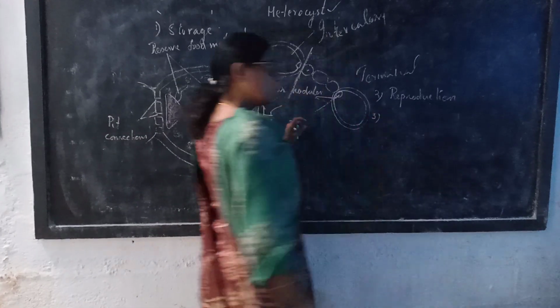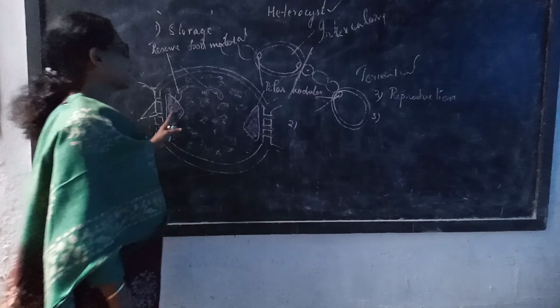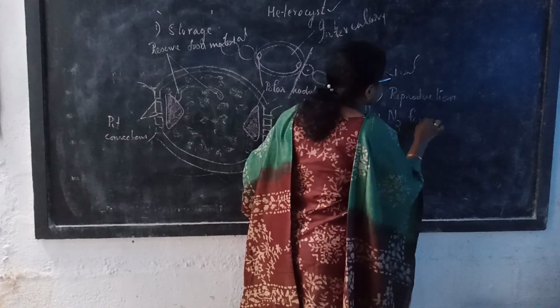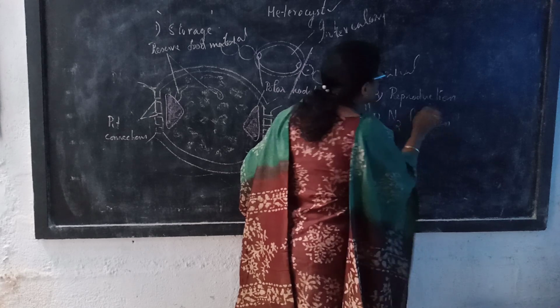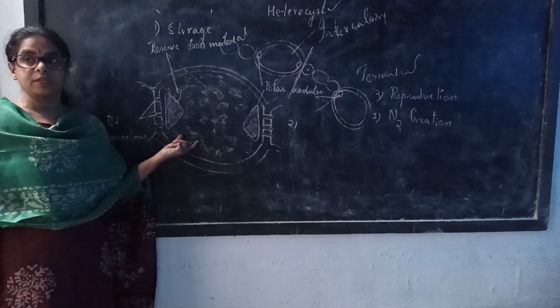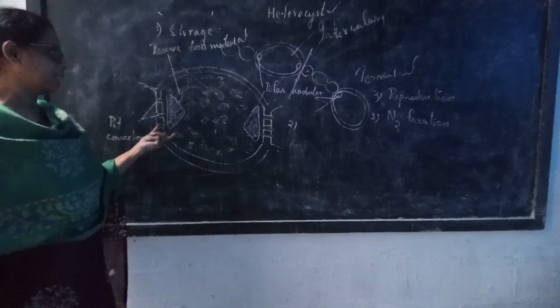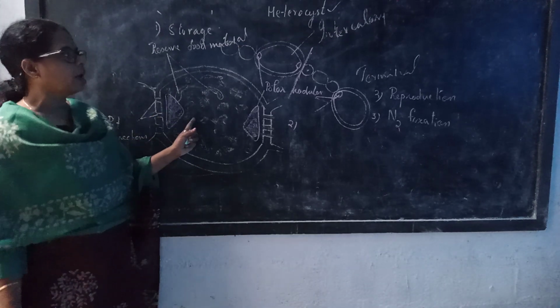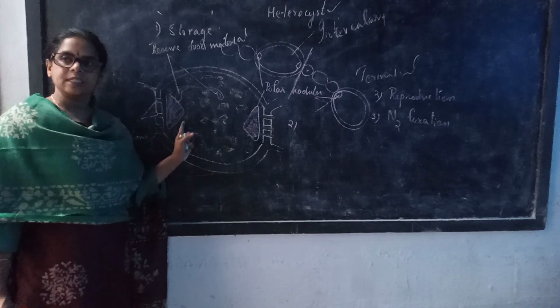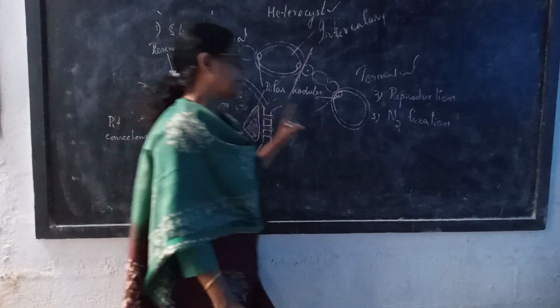Then the most important function, it is again concerned with nitrogen fixation. This nostoc is capable of fixing atmospheric nitrogen, so it's a very good biofertilizer. So why can this nostoc fix atmospheric nitrogen? The specialized cell heterocyst is adapted for nitrogen fixation.